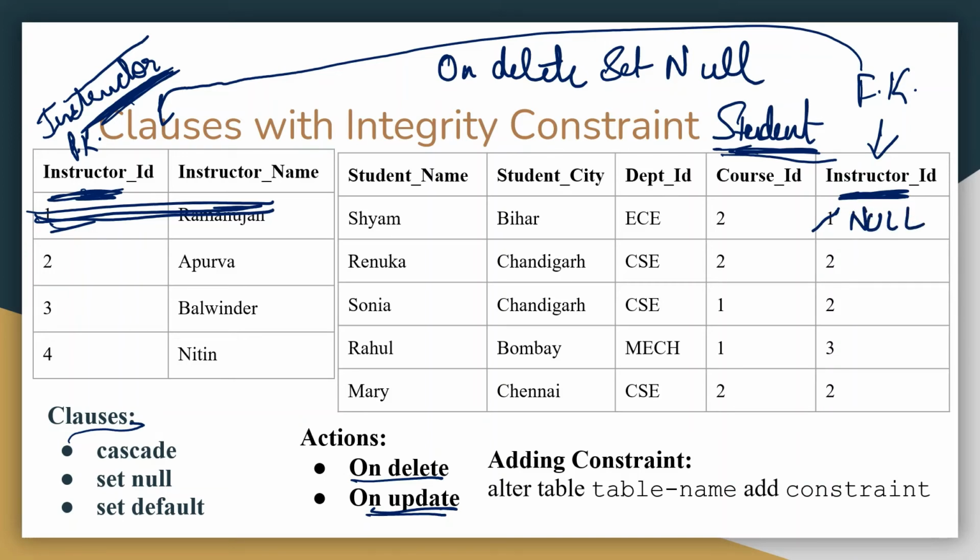So this saves us from the issue of unnecessary data loss, because now I have the entire information about Sham, because Sham was not taking any other course being offered by any other instructor.